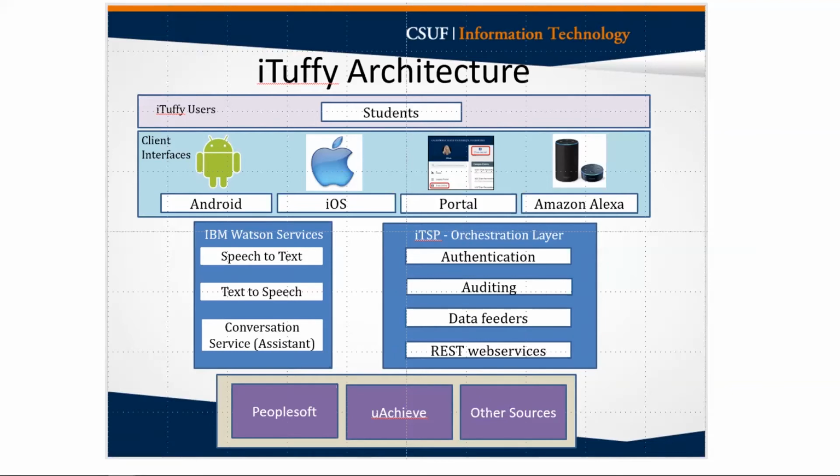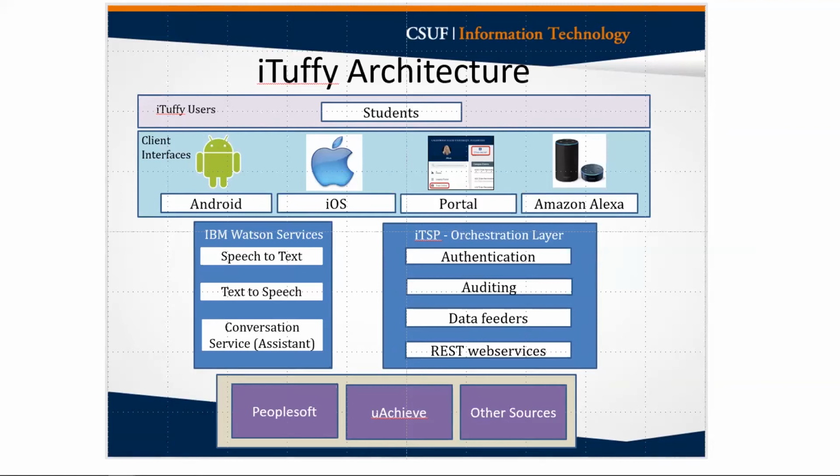On the bottom, we set up two things. We use IBM Watson services, so you can use text-to-speech and speech-to-text. We are doing conversation, artificial intelligence, and machine learning in here. Then we wanted a layer that goes and gets the information of our students. For example, I can say, what is my GPA? Do I have a hold? Any of those things, we can be intentional about getting the data from the systems of record.